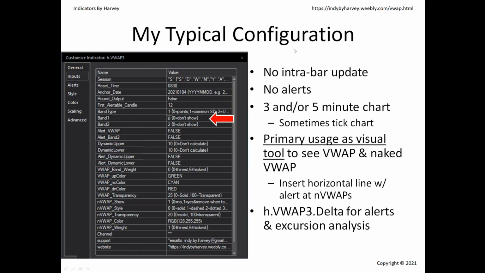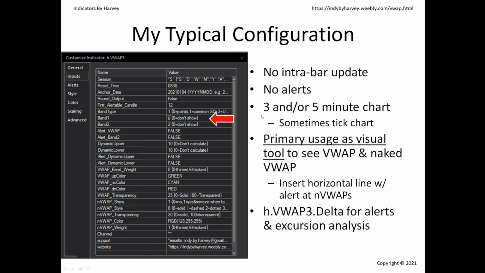Now let's take a look at the way I typically configure the product. First, I don't turn on intra-bar update. I have that off. The reason I have that off is I don't use h.VWAP3 for alerting. I'll put it on a 3 or 5-minute chart, sometimes a tick chart. Because I'm not doing any alerting, the first alertable candle is irrelevant for me.